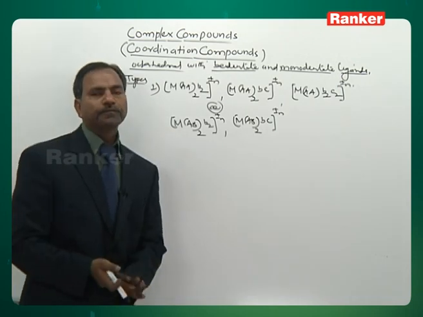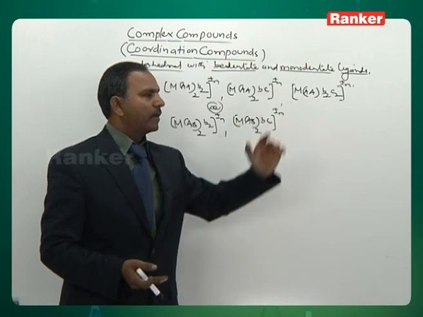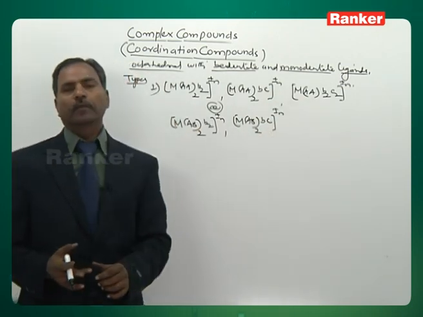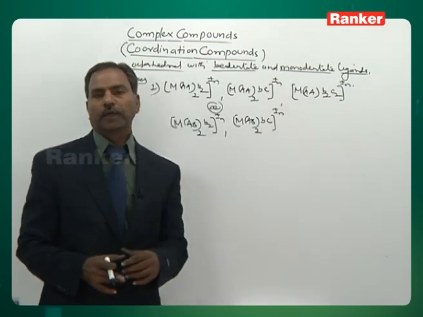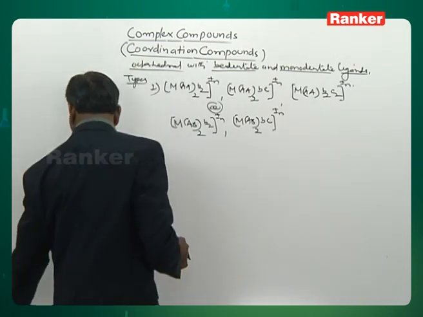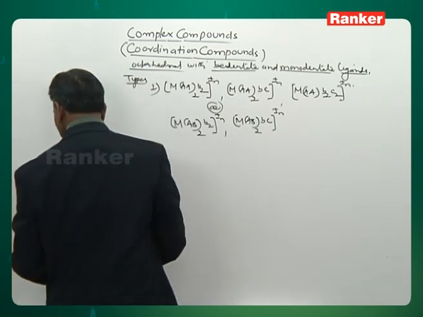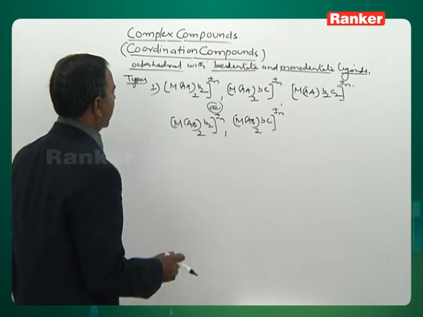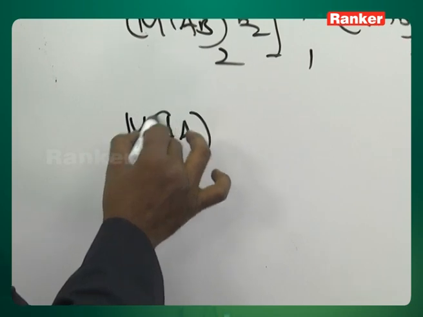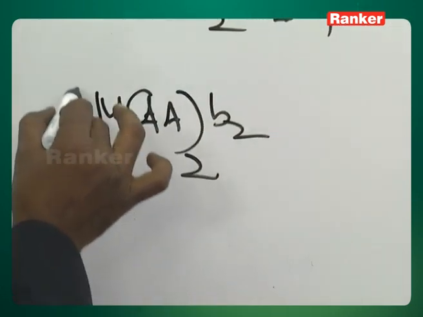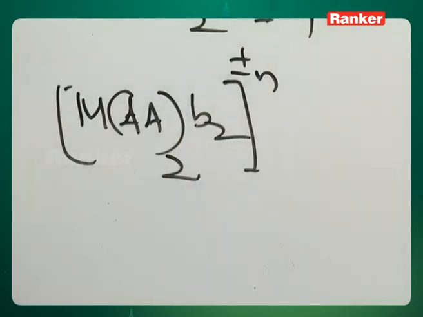Like this, we can write these possible complexes. All these exhibit geometric isomerism. Let us see one by one how they exhibit cis and trans isomerism. Let me take the first one, MAA taken twice, B2, plus or minus.